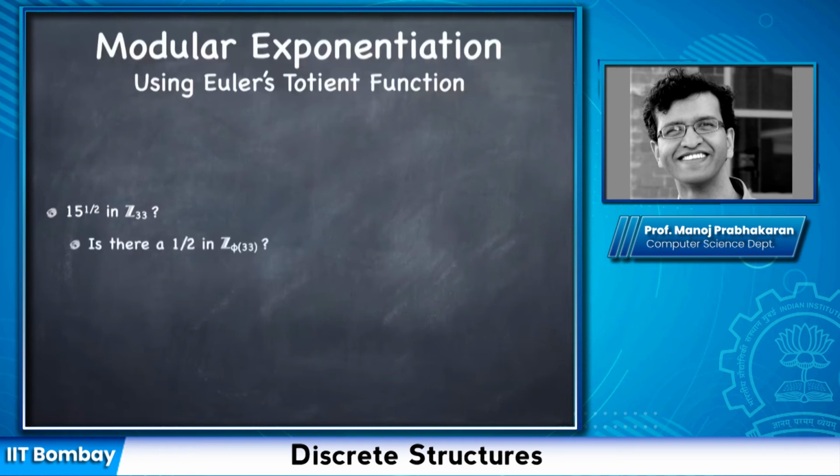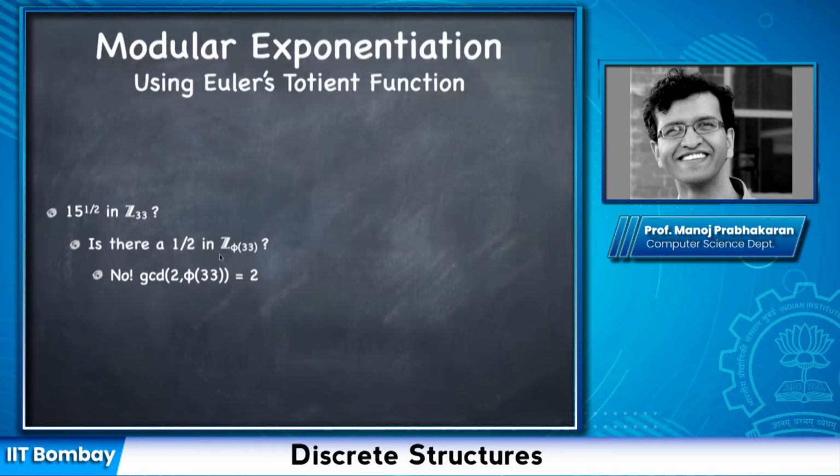But how about 2? Is there a multiplicative inverse of 2 modulo phi of 33? And phi of 33 we saw is 20. So that's an even number. So this GCD is actually 2. So there is no 1 by 2 in Z phi of 33.